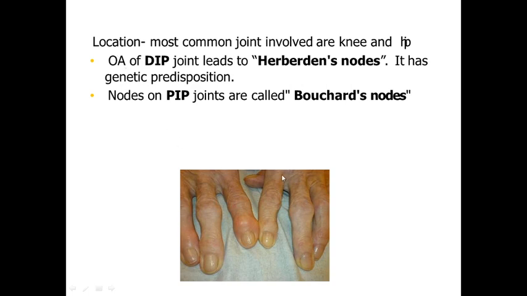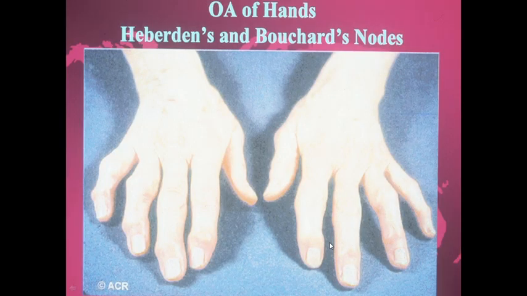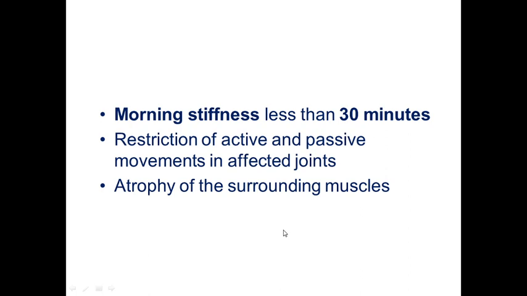Most commonly involved joints are knee and hip, and you see here Heberden nodes in distal and Bouchard nodes. And here also Heberden and Bouchard nodes.